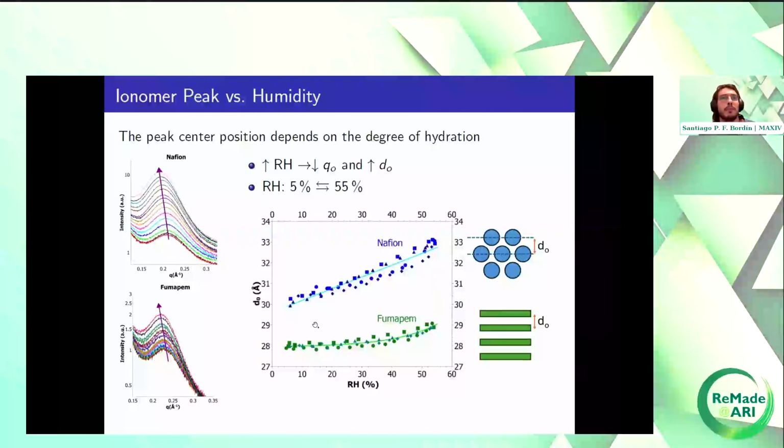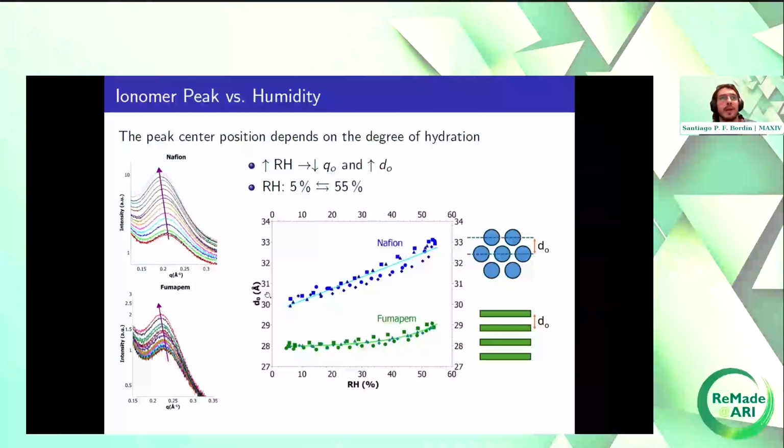And here we plot this correlation distance for two cycles going from 5 to 55% humidity. We see that for the Nafion membrane, it starts to increase following a linear trend, but in Fumapem it stays quite constant, and then starts to increase more slowly.